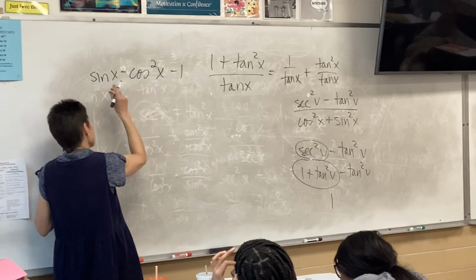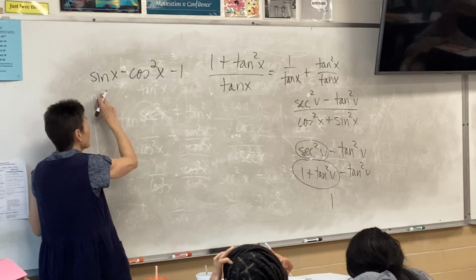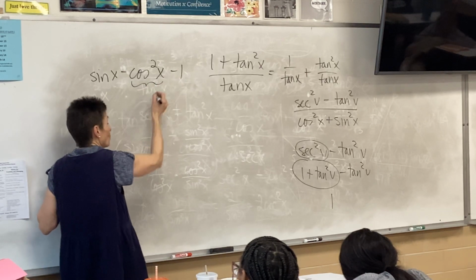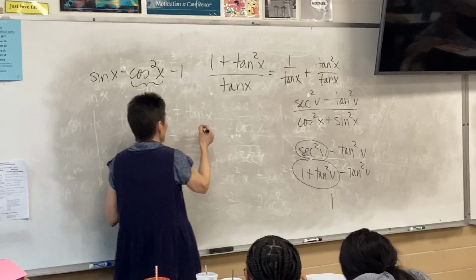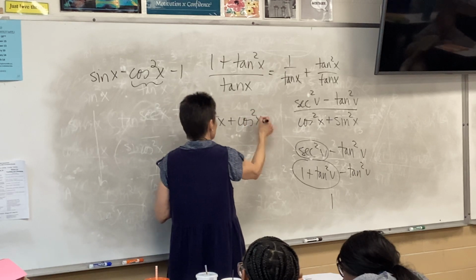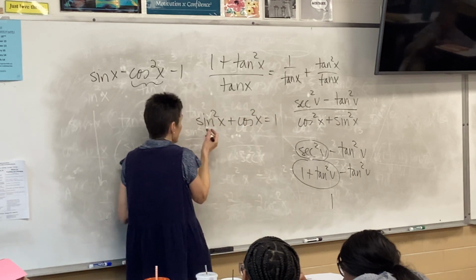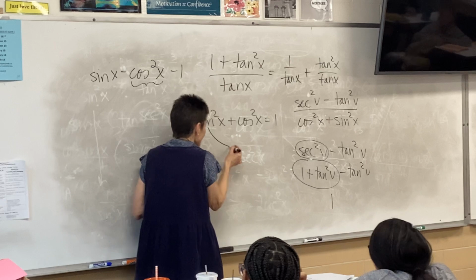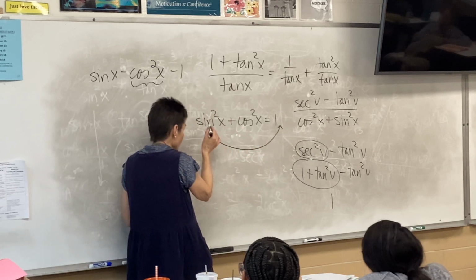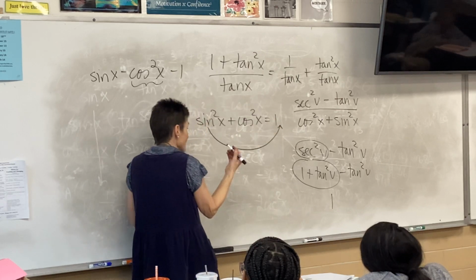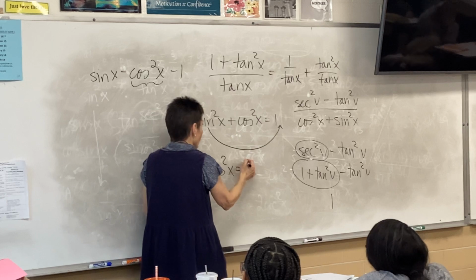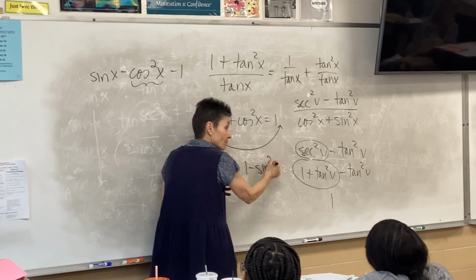Since that's a sine, can I do anything with cosine squared? Now, remember, like you said, sine squared plus cosine squared is 1. If I move this over to here, what would that equation say? If I took this and subtracted it over here, it would say cosine squared equals 1 minus sine squared.